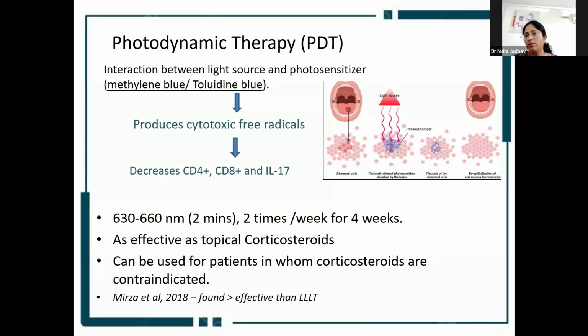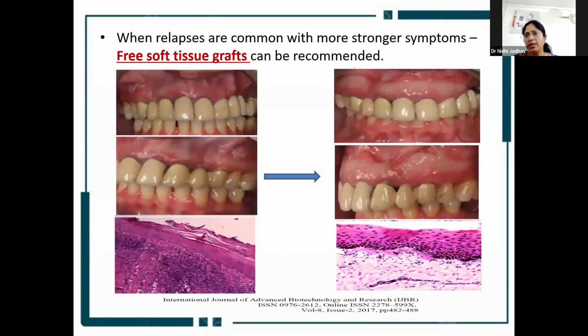Again, the wavelength is 630 to 660 nanometer. Photodynamic therapy has also been found to be good in conjunction with topical corticosteroid use. It can be very well and safely used for patients in whom systemic corticosteroids are contraindicated, especially in cases where relapses are more common and symptoms are stronger.